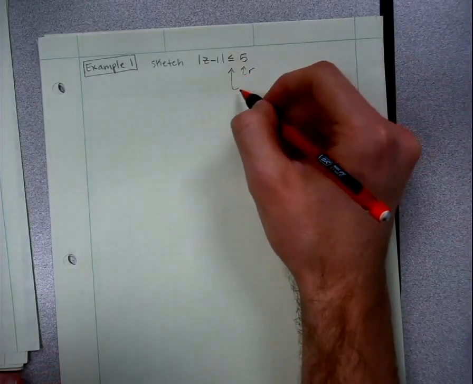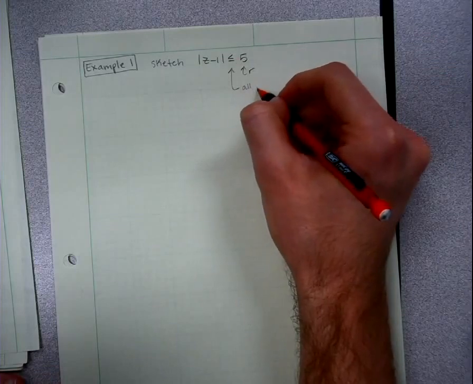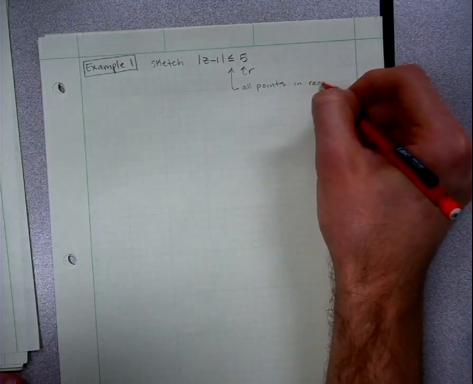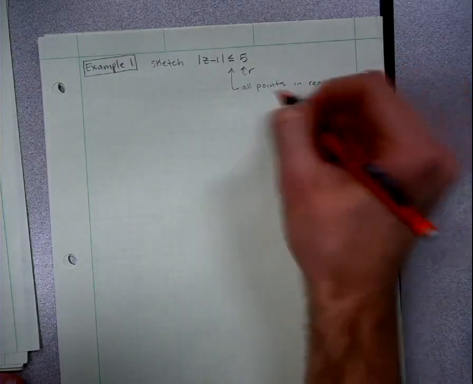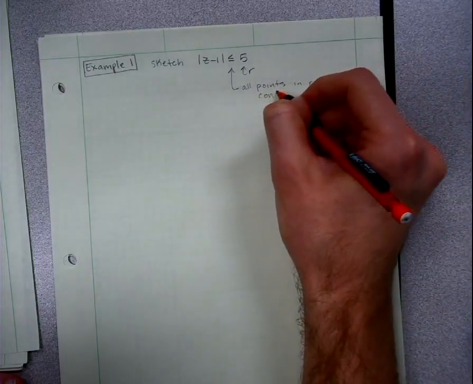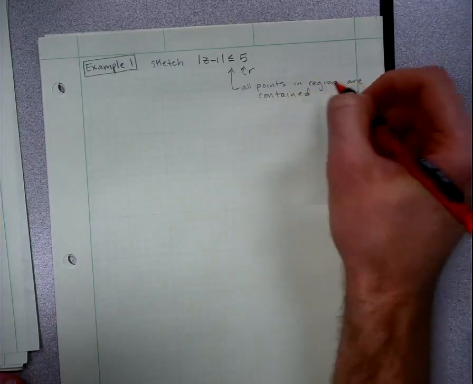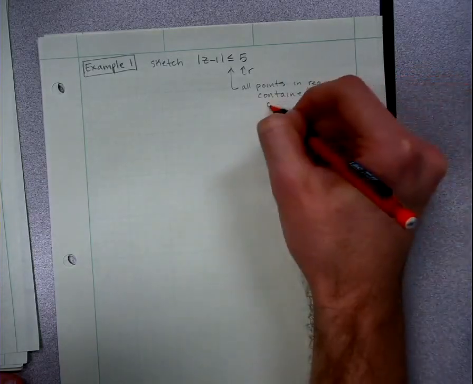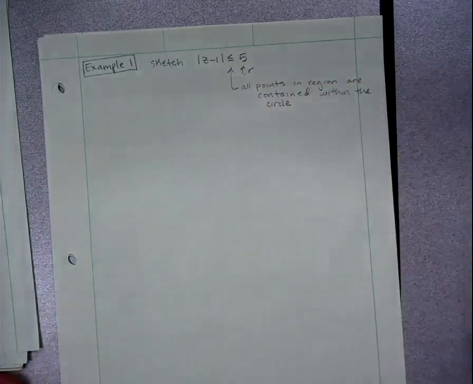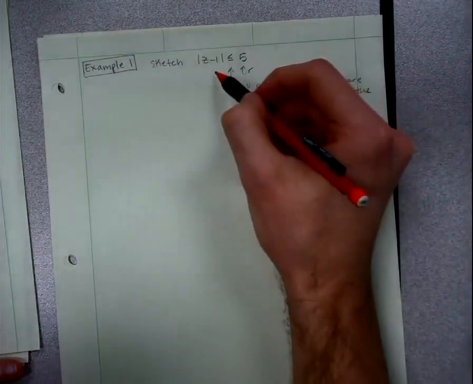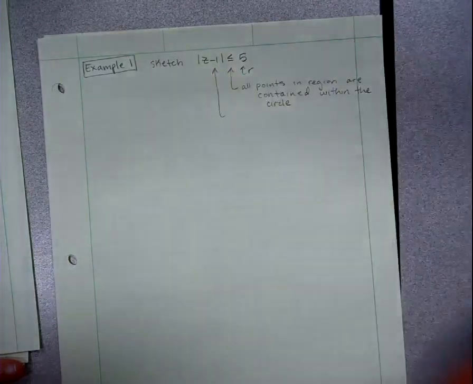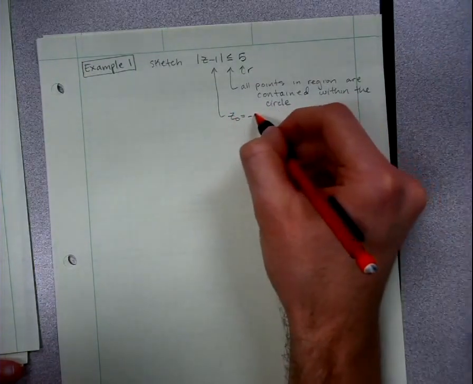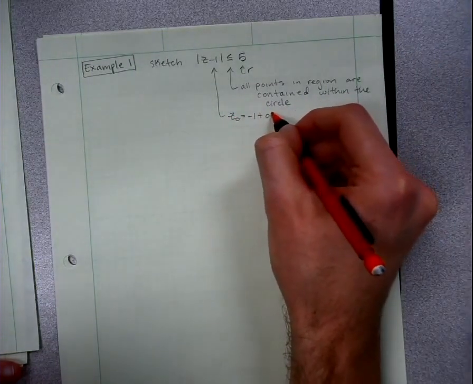Less than or equal to, that means that all the points in the region are contained within the circle. And this z naught equals 1 plus 0i.